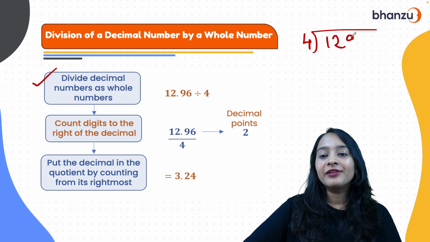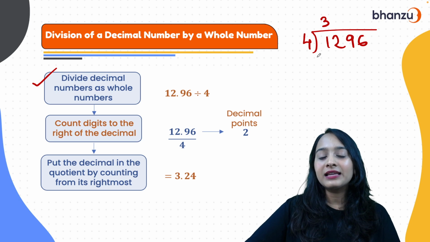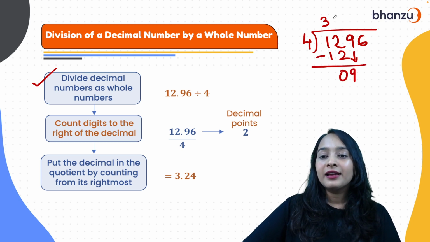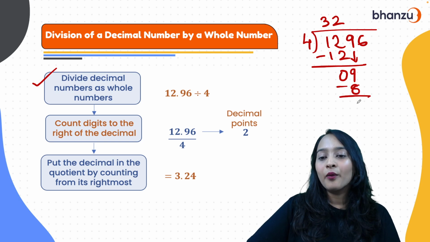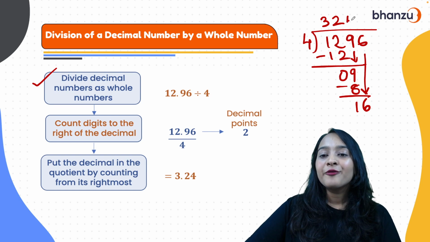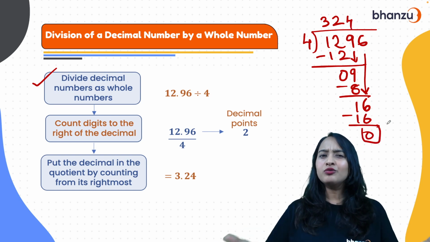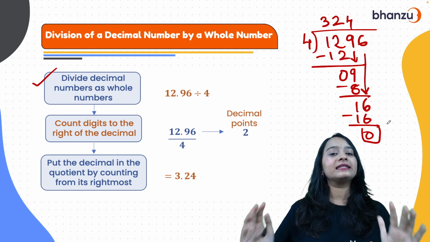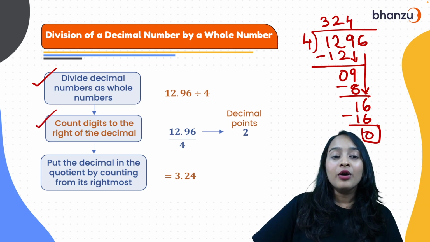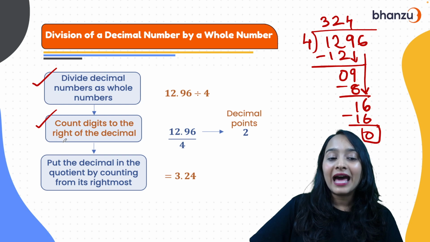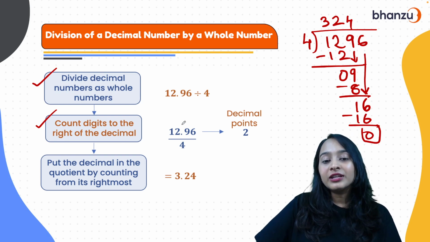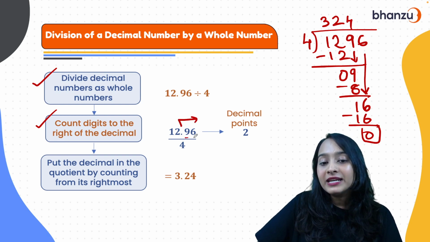So 12, 9, 6. 3 fours are 12, 0, you pull down your 9, 2 fours are 8, 1, you pull down your 16, so it will become 16, 4 fours are 16, and the remainder is 0. So how we do our normal division? Proceed the same way. Now what you have to do? Count the digits to the right of the decimal. So to the right side of the decimal, how many digits are there?